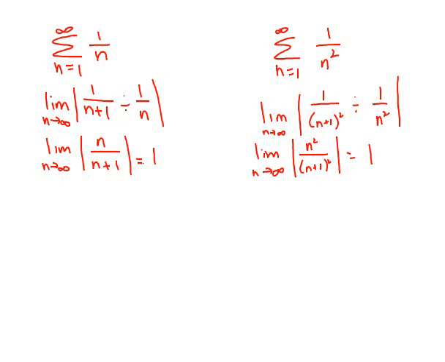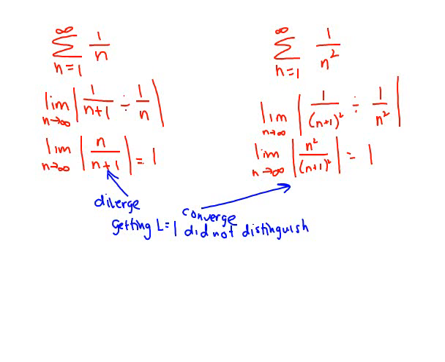So here we have two different series that came out to a limit of 1 by the ratio test. We already know that the series on the left diverges and the series on the right converges. Thus, finding a ratio limit of 1 did nothing to help us determine whether these series converged or diverged.